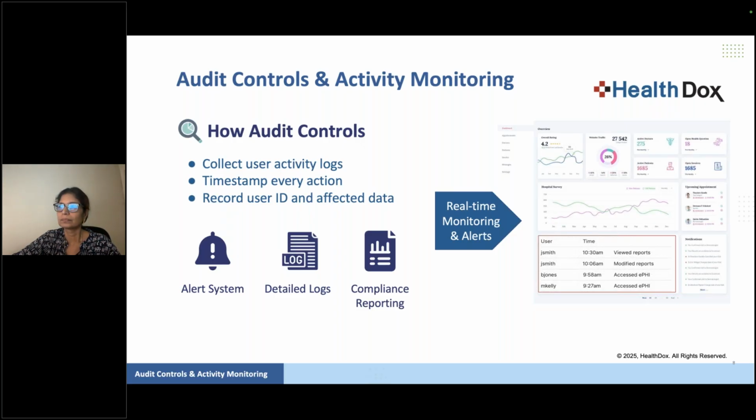It should also have alerts on anomalies like repeated failed login attempts or unusual access patterns, so that it allows quick response before a small issue becomes a breach. So how can this be achieved? Definitely we should be using real-time monitoring tools.